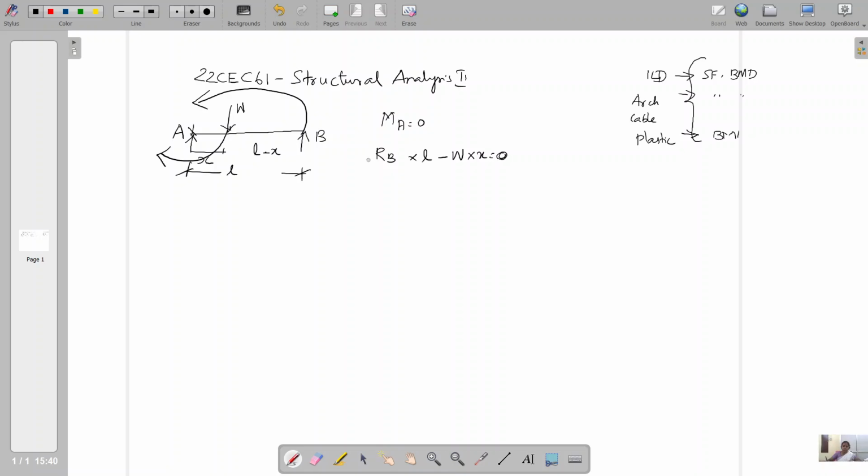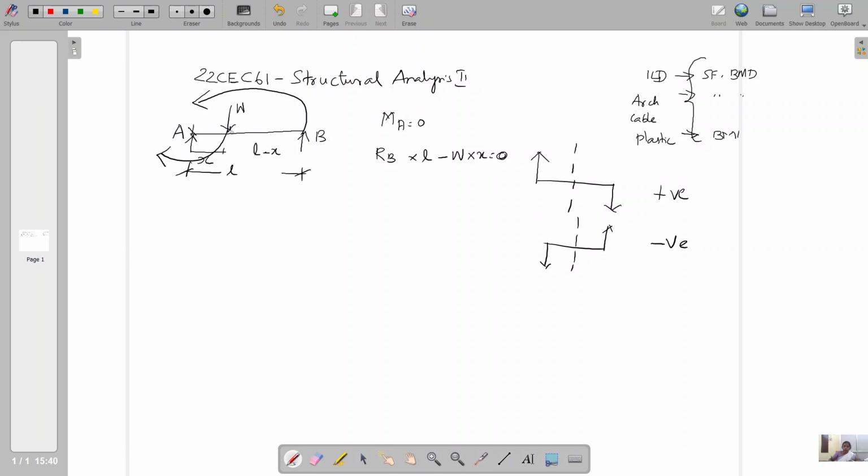I am giving plus and opposite sign to W, but you can relate it using the sign convention. Consider a cutting section. A force that rotates in a clockwise direction we always take as positive, and the opposite, anti-clockwise direction is negative.